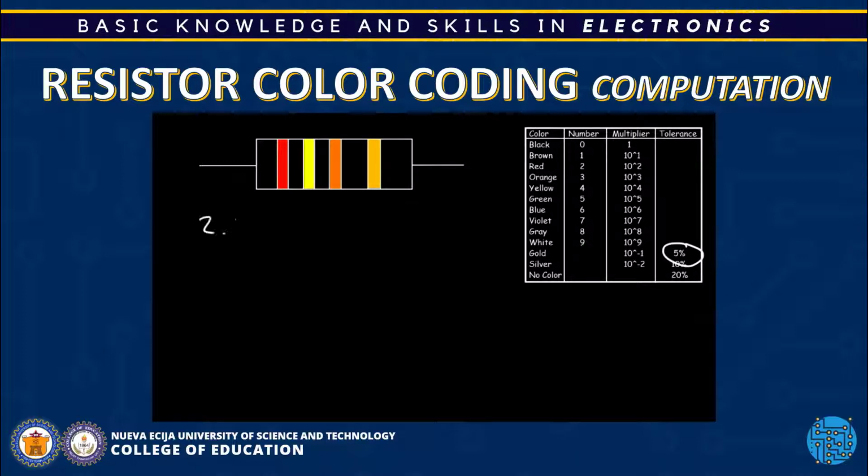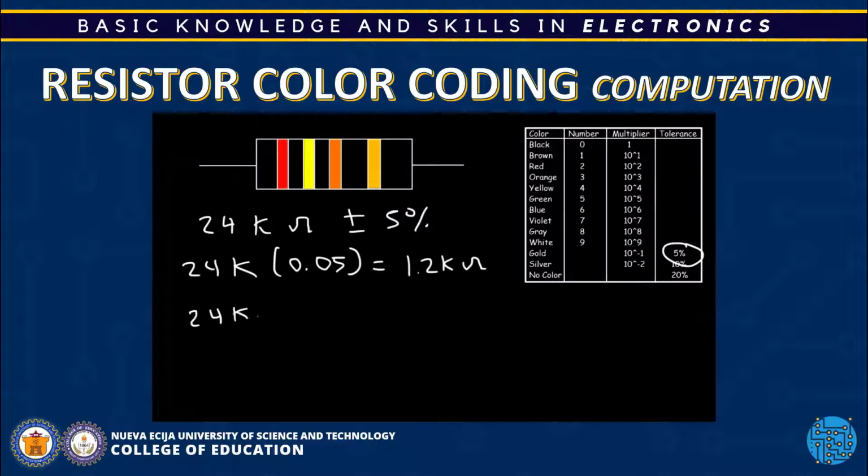So right now we have 24 kilo ohms plus or minus 5%. So let's multiply 24K by 0.05, which is going to be 5% of it. And that's about 1.2 kilo ohms.